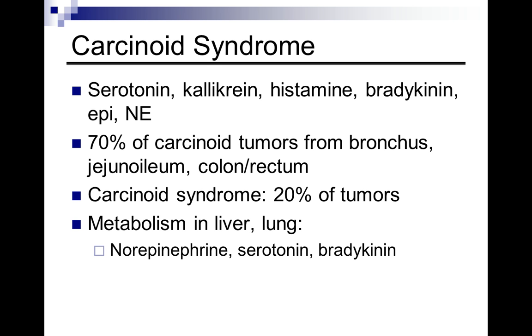And about 20% of the tumors in these areas can lead to carcinoid syndrome. Most of these substances are metabolized in the liver and the lung, like norepinephrine, serotonin, and bradykinin.